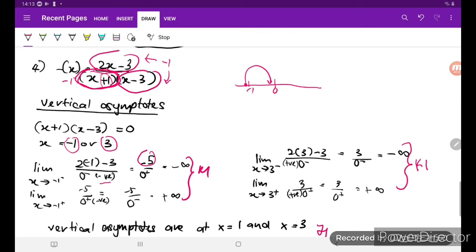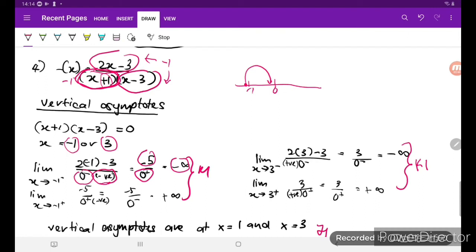So when I multiply a negative number with a small 0, I will still get 0, but because I have two negatives, 0 negative and negative number, I will get 0 positive.